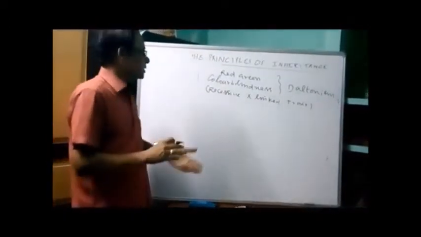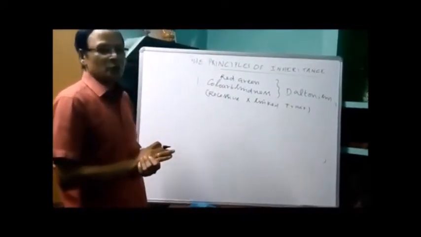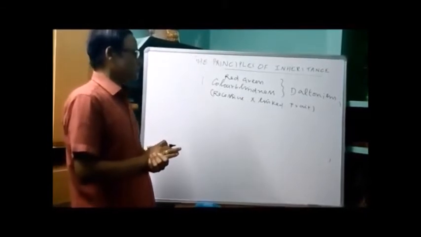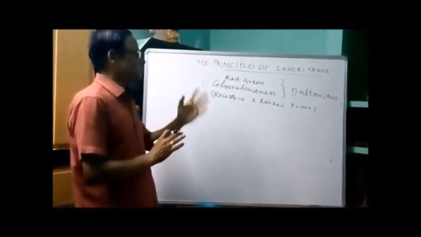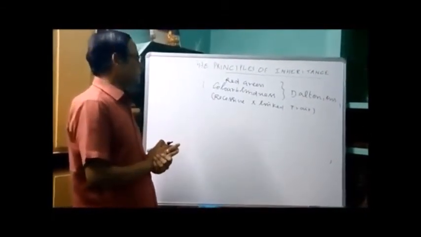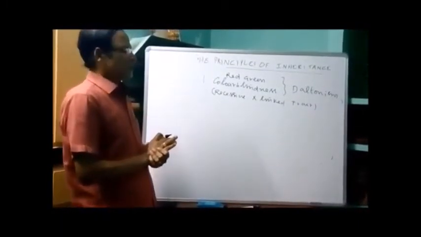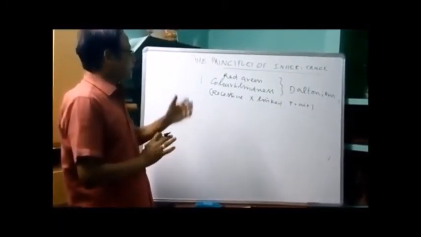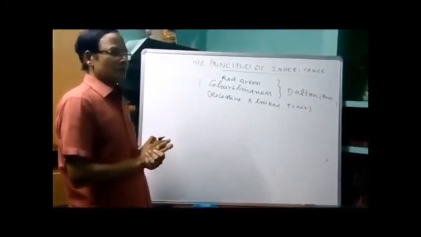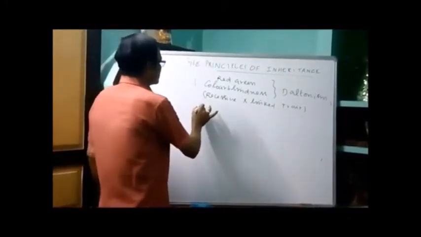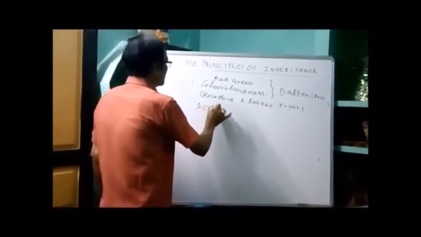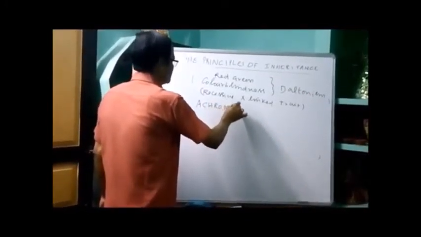The reason I mentioned already, the males are hemizygous. When they have one recessive gene, that will be expressed, that results in red-green color blindness. The technical word for this is achromatopsia.